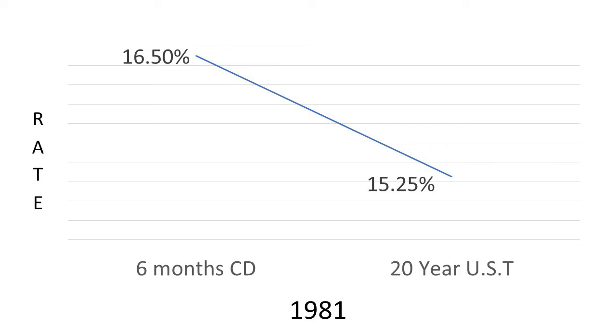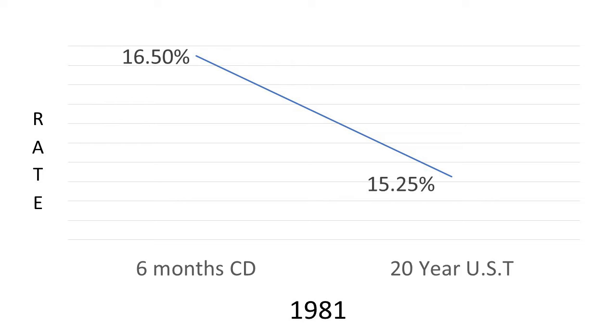Well, here's what it looked like. And again, please excuse my primitive drawings. In 1981, you could have earned 16.5% on a 6-month CD, or you could have bought the 20-year Treasury and locked in 15.25%. Now, a little point of history here.